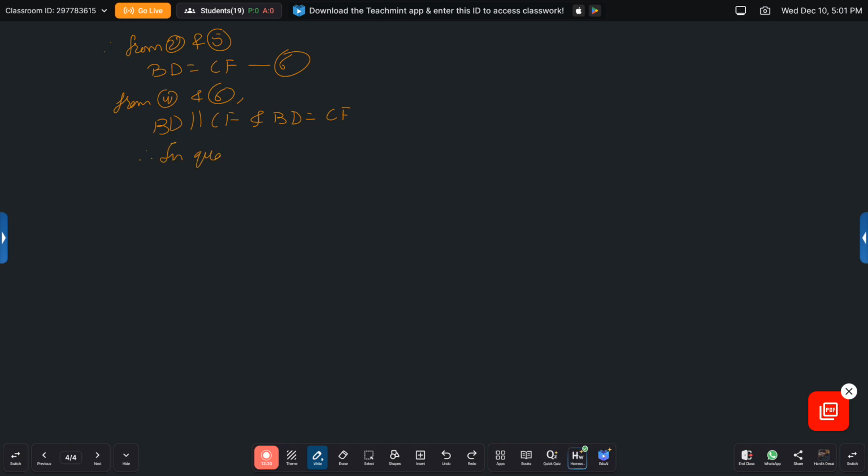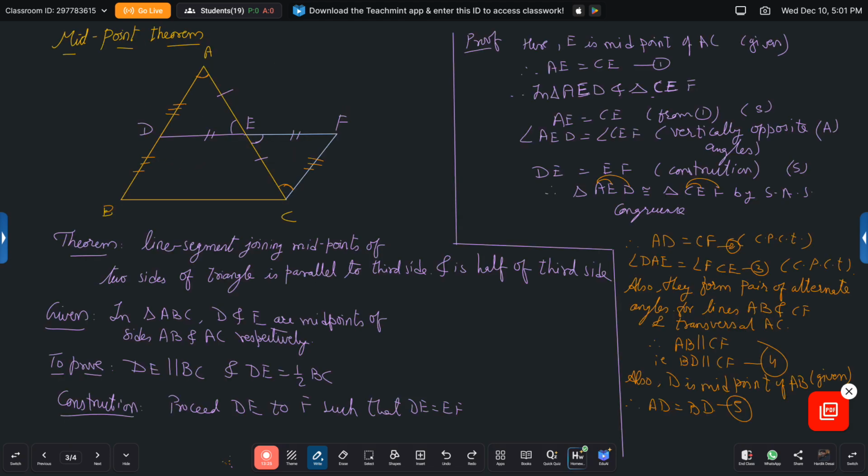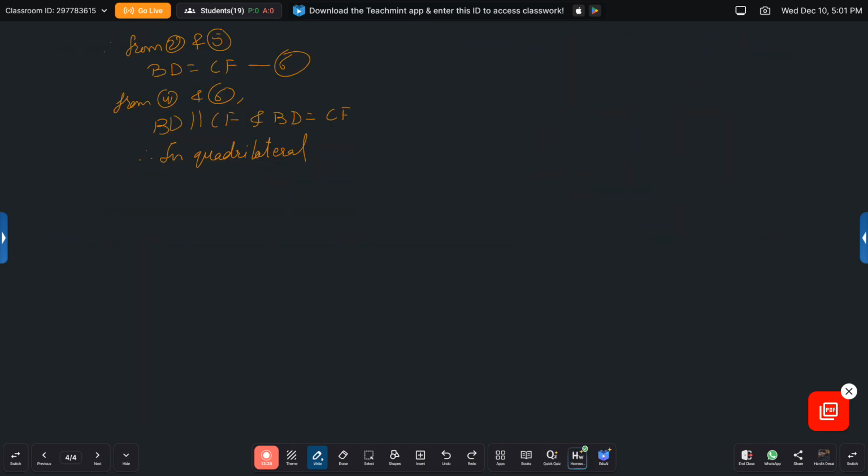Therefore, in quadrilateral BCFD, one pair of opposite sides is parallel and equal. Therefore, BCFD is a parallelogram.